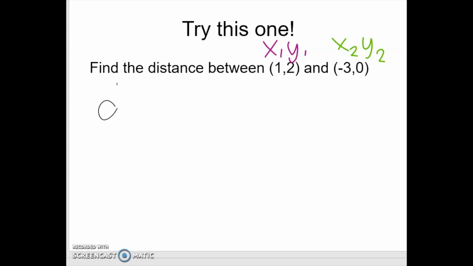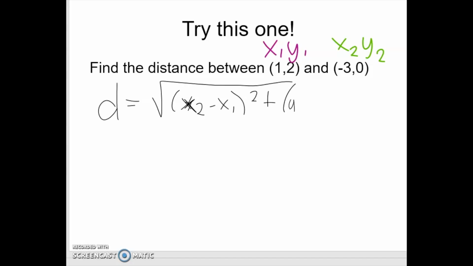So our distance formula: distance equals the square root of (x2 minus x1) squared plus (y2 minus y1) squared. Okay, so we're going to go ahead and solve by plugging in values.